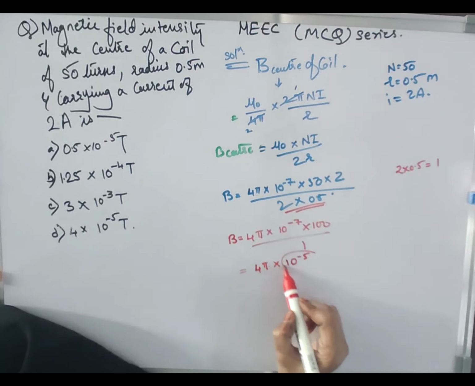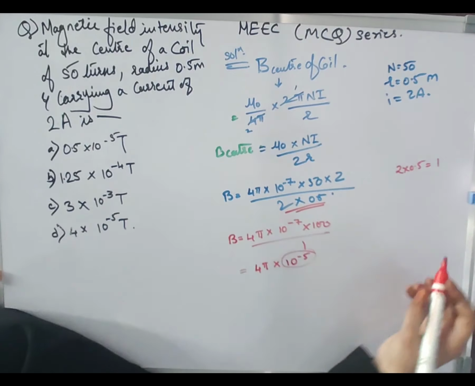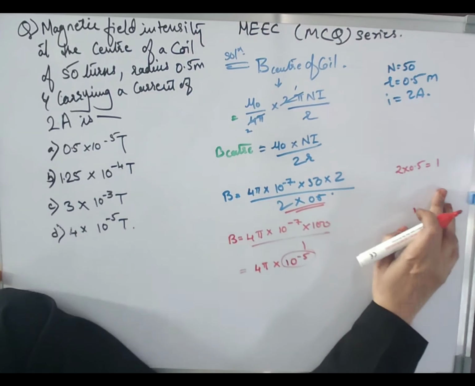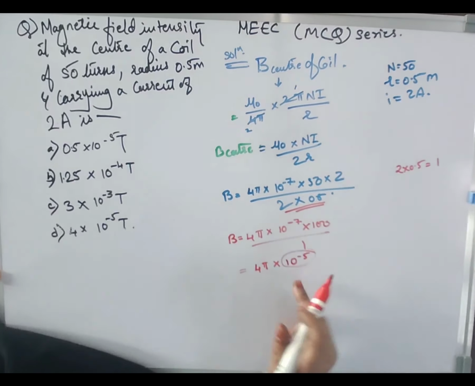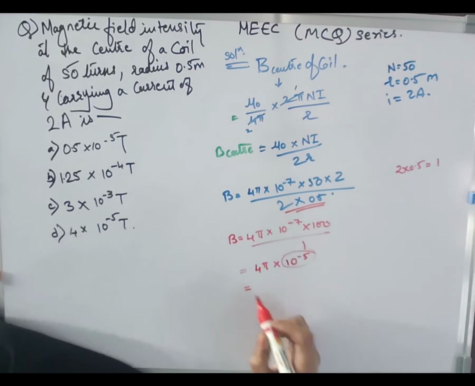Now you'll ask this thing: cancelling these two zeros, I removed the 2 zeros of 100, so this becomes 10 raised to minus 5. Okay, this is simple. I think everybody knows this.